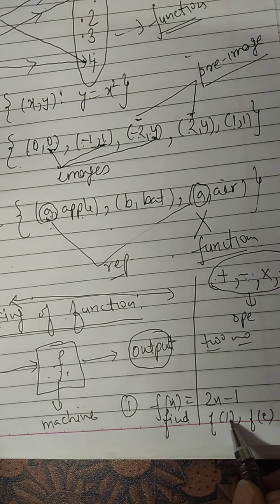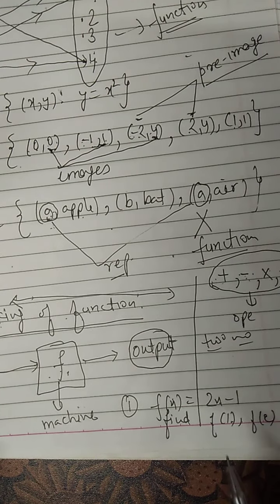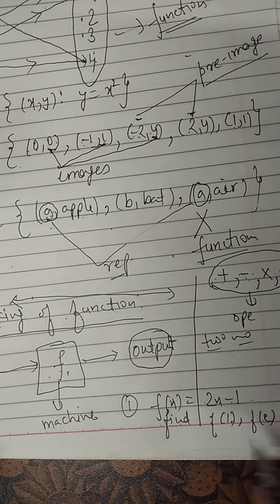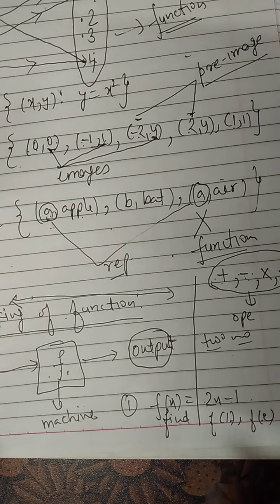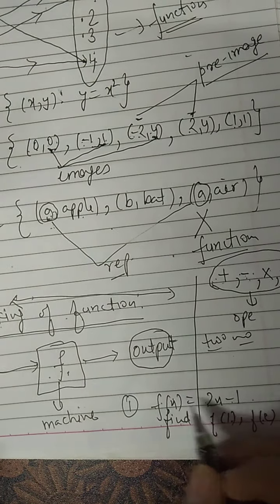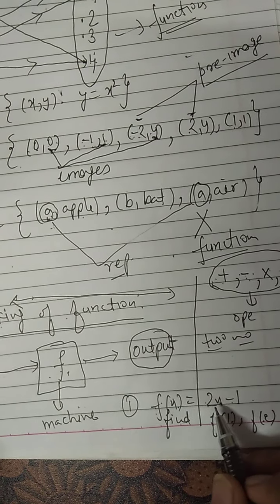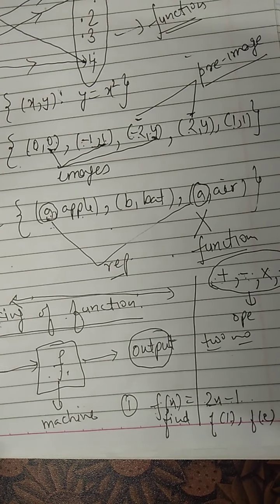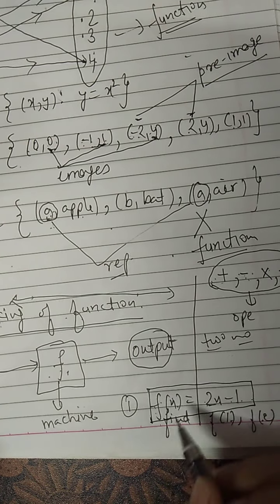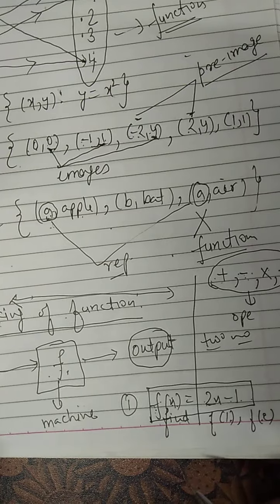So it will be 2 into 1 minus 1, so the answer is 1. If I put 2, the answer will be 3 and so on. And we say this is the function f of x equals 2x minus 1. Let us see how this f is working on this x.